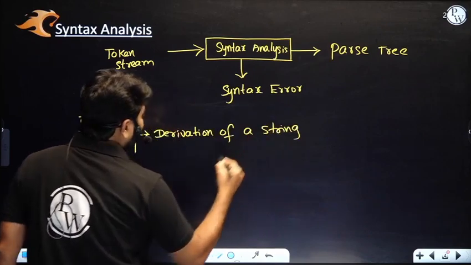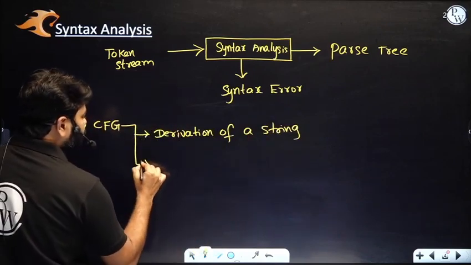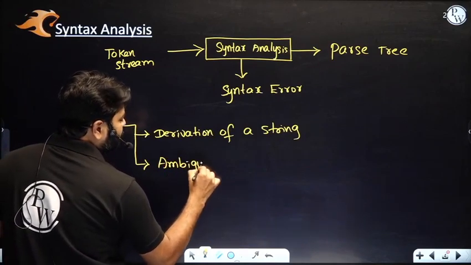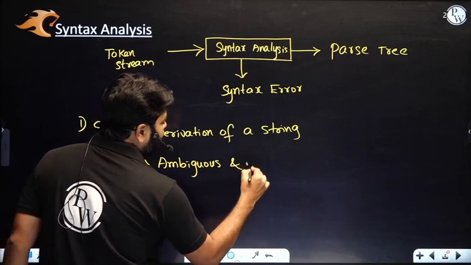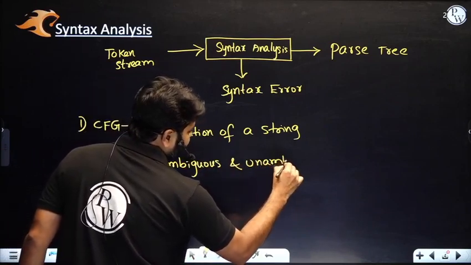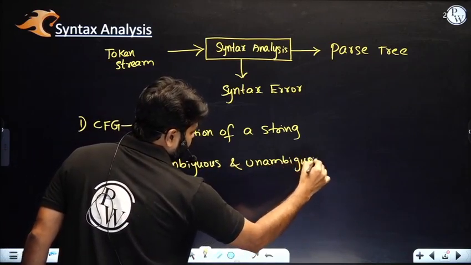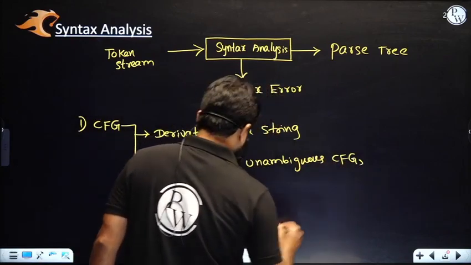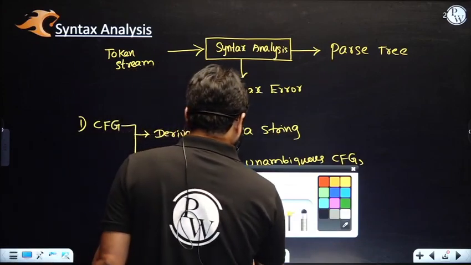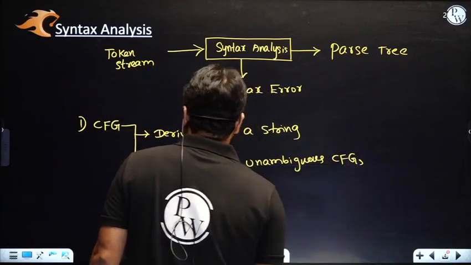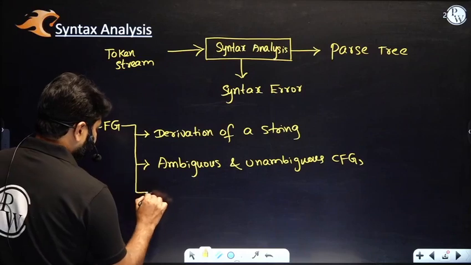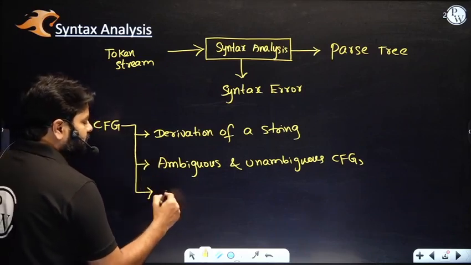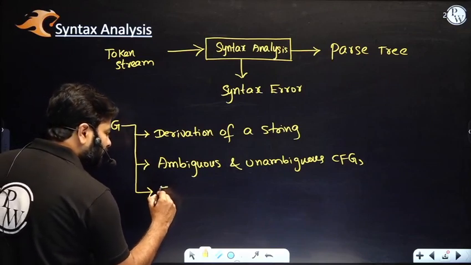Once you know how to derive a string, you will move to the very famous types of grammars, ambiguous and unambiguous CFGs. Then we'll be learning about context-free grammars, like how to eliminate left recursion.